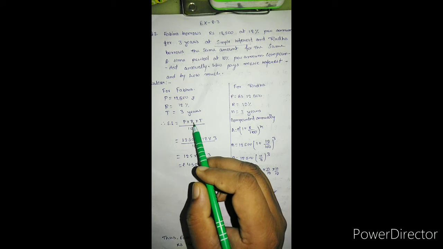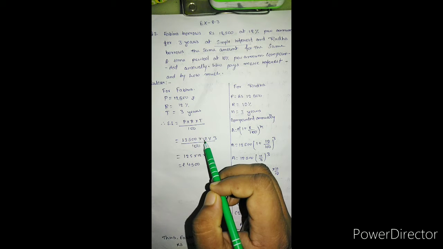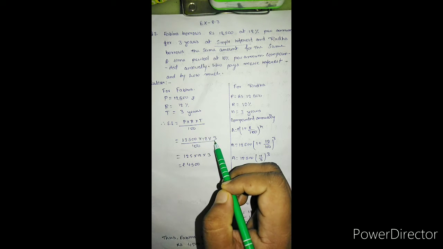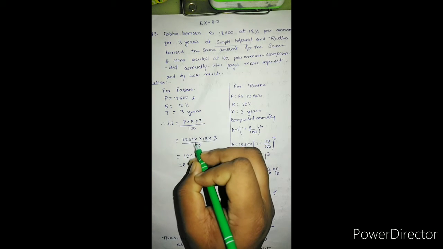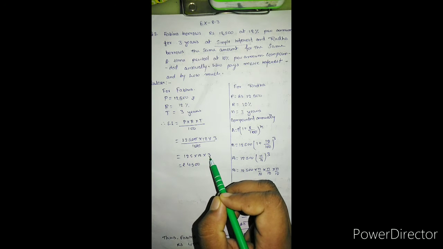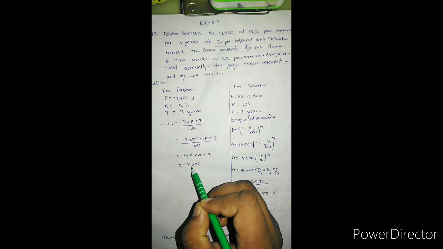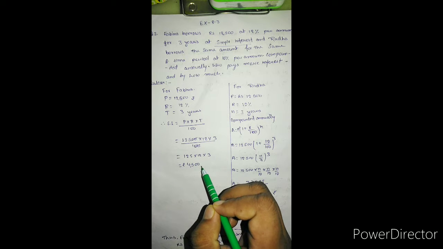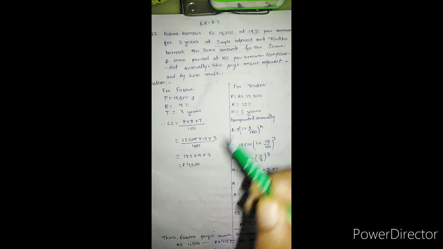Put the values of P, R and T: 12,500 into 12 into 3 by 100. Now cancel two 0s. It is 125 into 12 into 3. When we multiply these numbers, we get 4,500. So simple interest for Favina is 4,500.